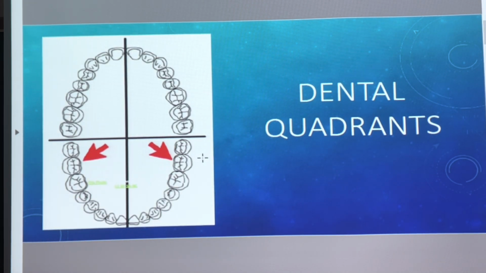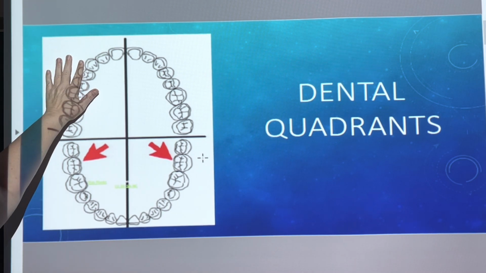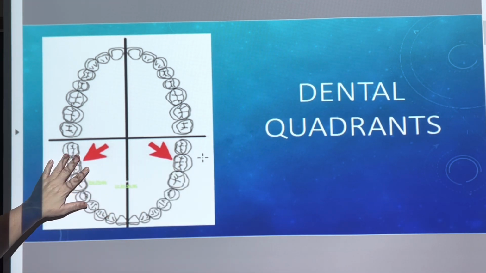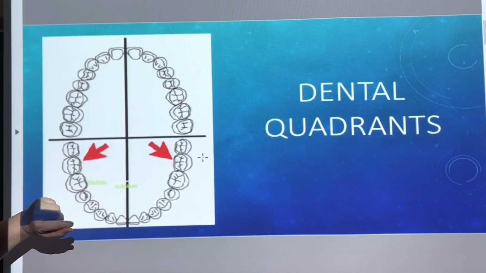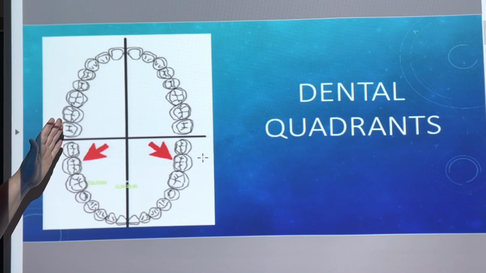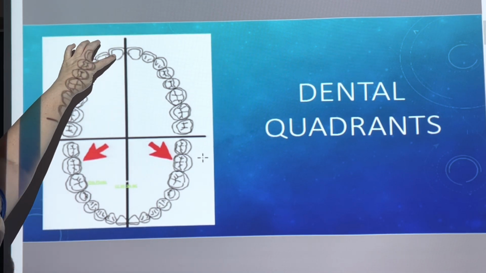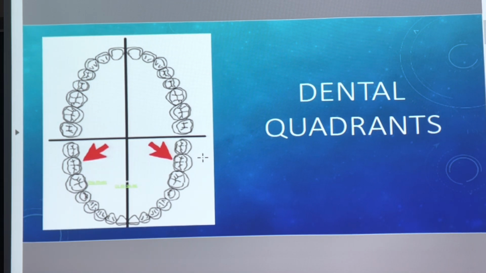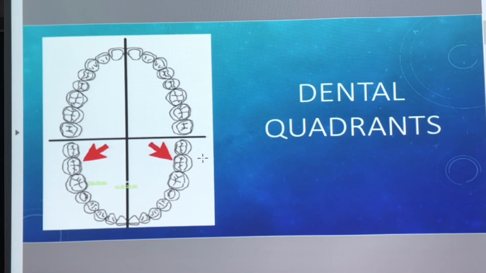We have 4 different quadrants. We have the upper right quadrant, the upper left quadrant, the lower left quadrant, and the lower right quadrant. And so quad means 4, and in each quadrant there are 8 teeth. And so when you are learning your quadrants, it's very important, especially when you're doing extractions, fillings, to get the right tooth.